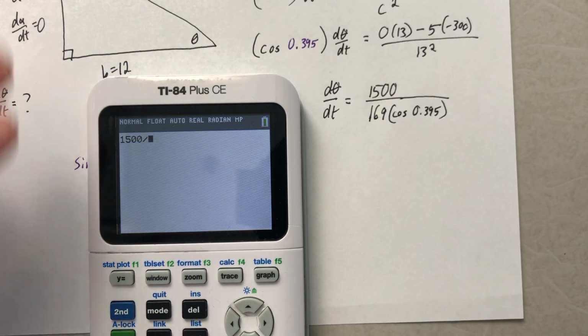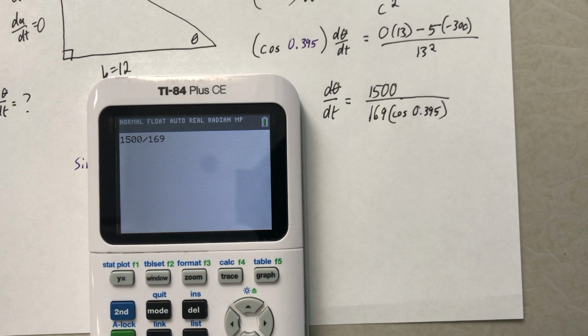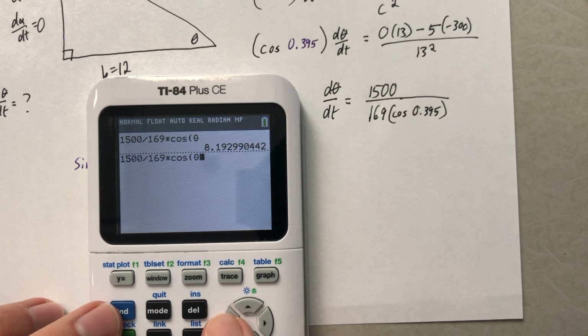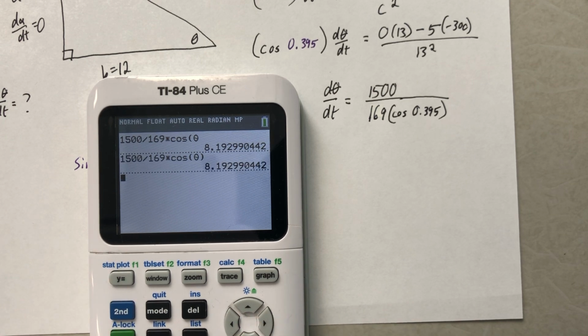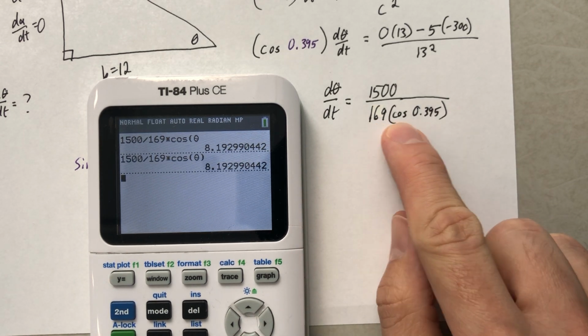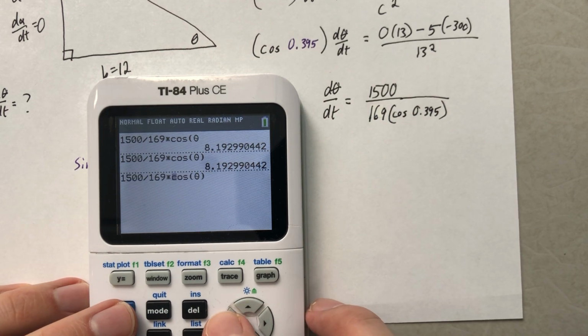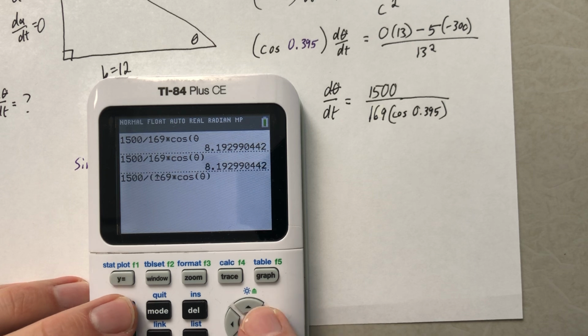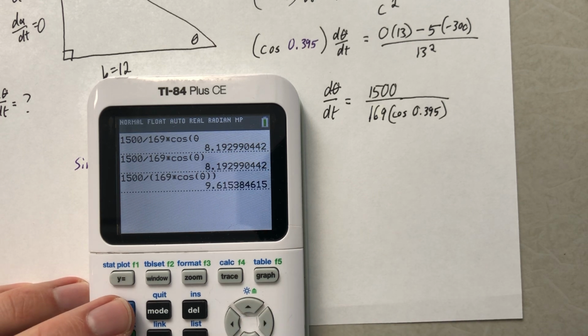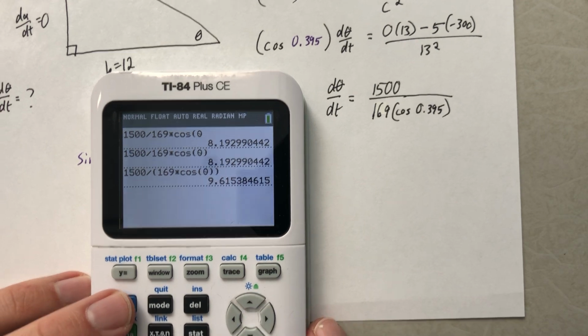So here we go. 1500 divided by 169. Okay, this is going to be wrong. Trust me, it's wrong. Cosine of theta. Wrong. And here's how it's wrong. It's not because I left that parenthesis off. When I'm dividing by this, I'm dividing by everything. So we are going to need either parentheses around those, or we're going to need to type it a little differently.